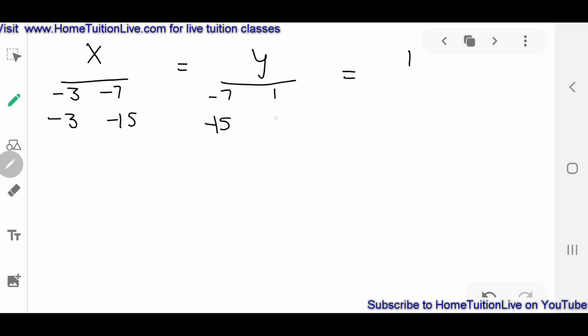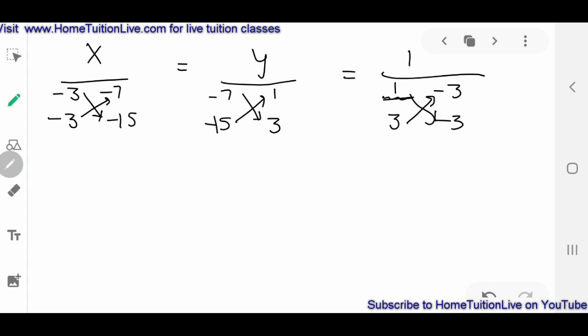1, 3, 1, 3, minus 3, minus 3. Multiply in this direction. X upon minus 3 times minus 15 is 45, minus 7 multiply minus 3 is 21, plus 21.